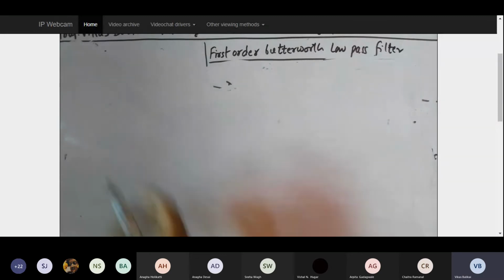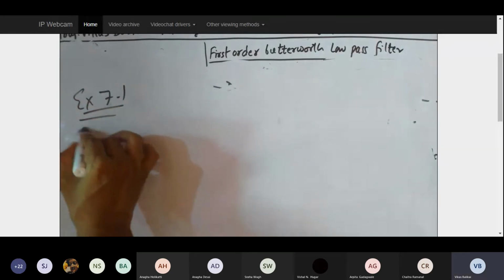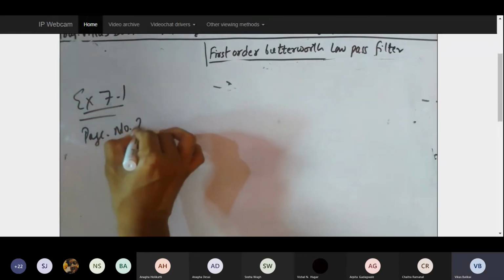There is one problem, example 7.1, page number 256.